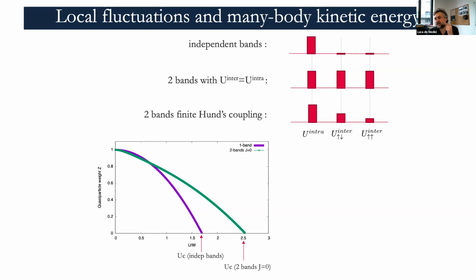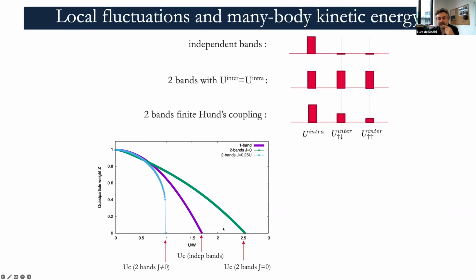Now imagine you do the following. You reduce partially this repulsion, which is what you do when you turn on Hund's coupling. So the interorbital repulsion is made smaller. And you might imagine that you reduce the effect of Coulomb interaction, and you get exactly the opposite. The Mott transition happens much earlier, even earlier than the single band case.